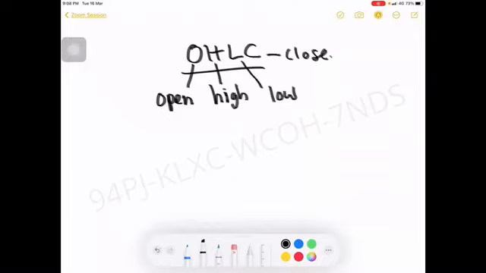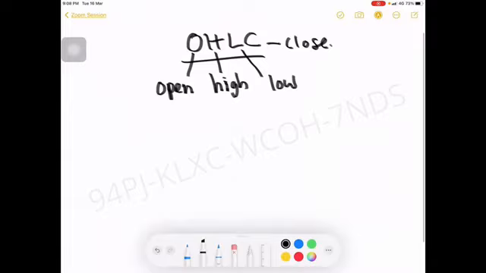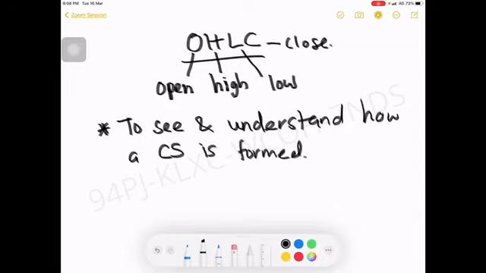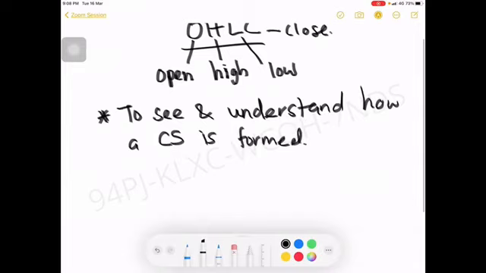So this is what OHLC means, okay? OHLC is what we use to see and understand how a candlestick is formed.